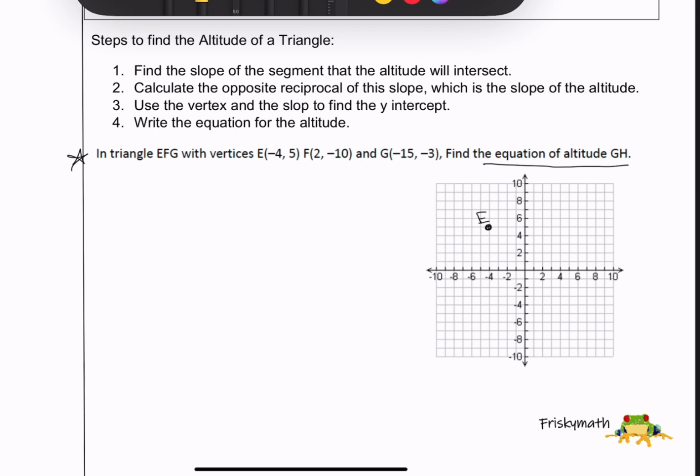So point E is (-4, 5). Point F is (2, -10). And point G is going to be off this a little bit, (-15, -3). Let's just assume it's about here. I'm really just doing this to get an understanding of what this looks like as an image.